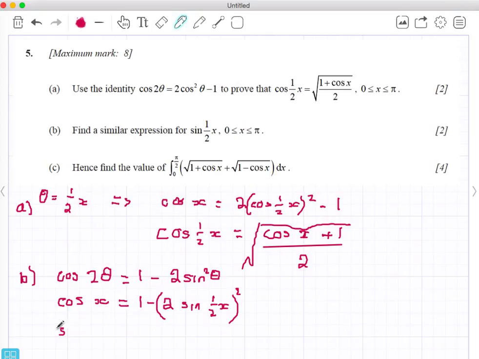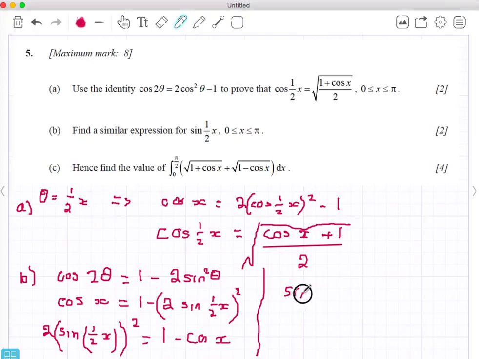Now I'm going to isolate this again. So I'm going to have 2 sine half x squared, so all of this squared equals 1 minus cos x. Now I'm going to divide both sides by 2, so I just do it up here because I want to keep it on the same page.